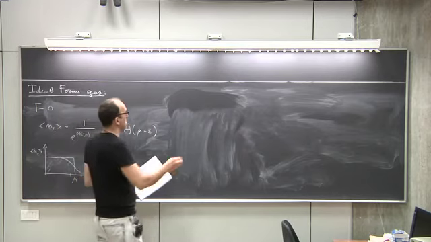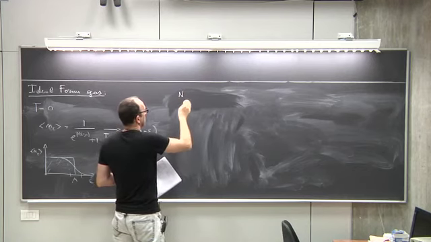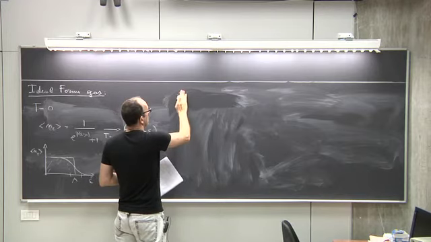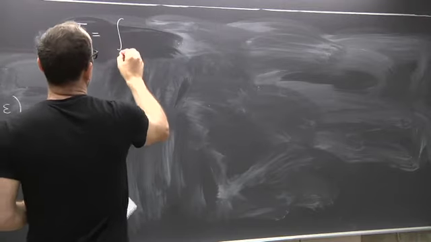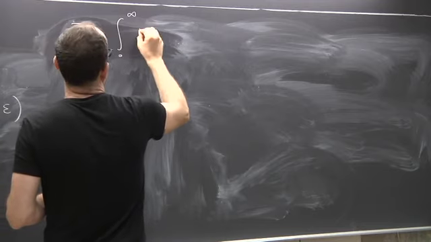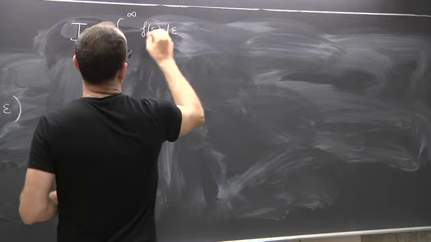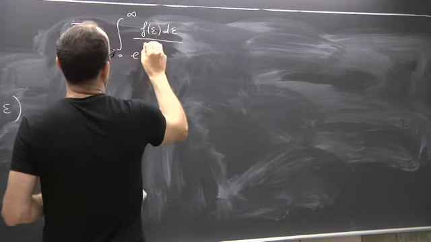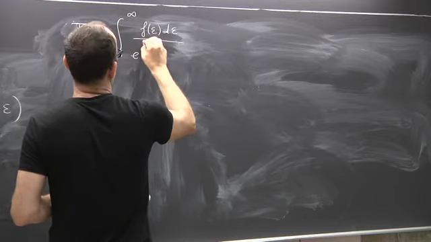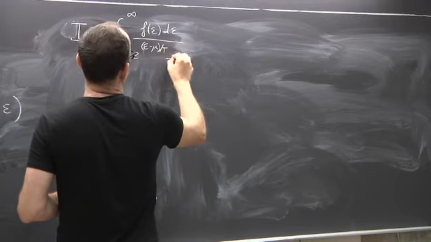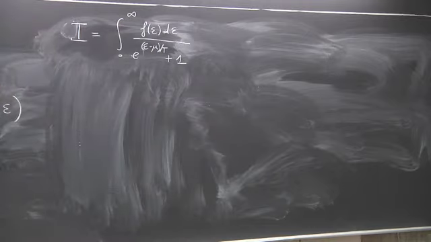Both if you consider the number of particles and the internal energy, you have to compute integrals of this type: an integral over the energies of a function of the energy divided by e to the (epsilon minus mu) divided by t, plus 1, where t is kT.